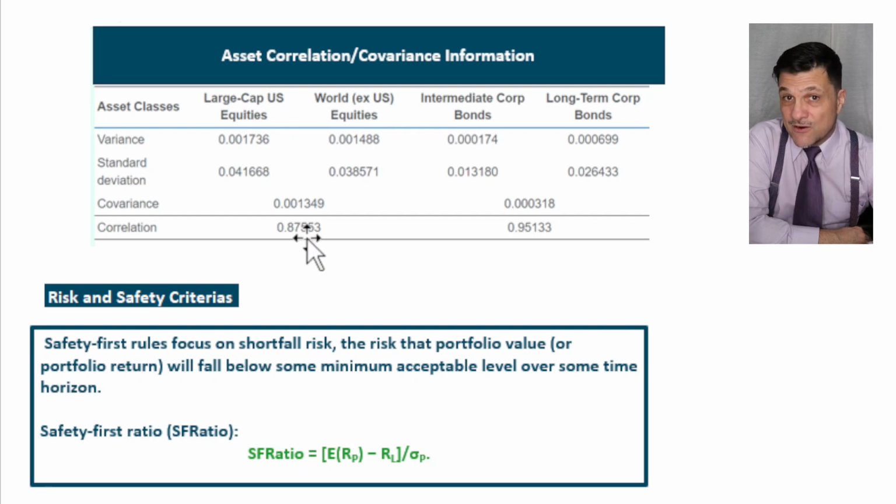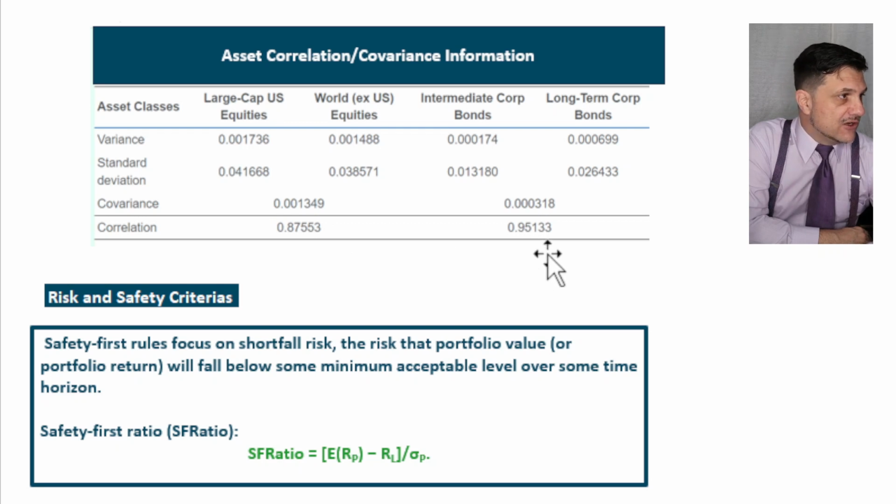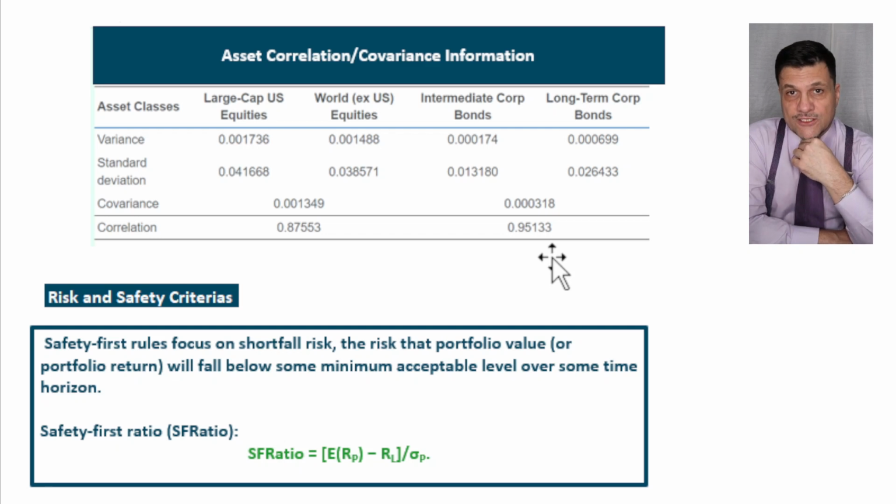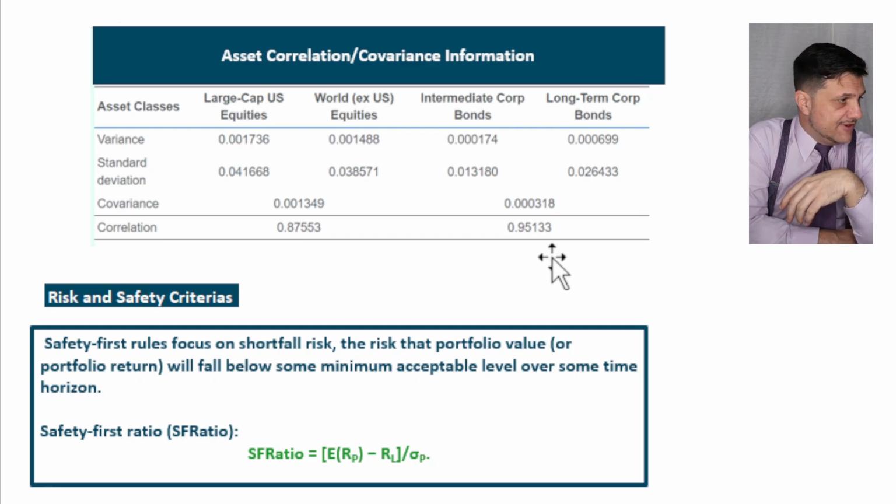It's a high correlation. You have to remember that correlation goes from -1 to +1. That's very close to 1. So is this one. It's even closer. The bonds, intermediate and long term, are very correlated. That's what you can see here. That's the interpretation part of the questions that you may face in the CFA exam.